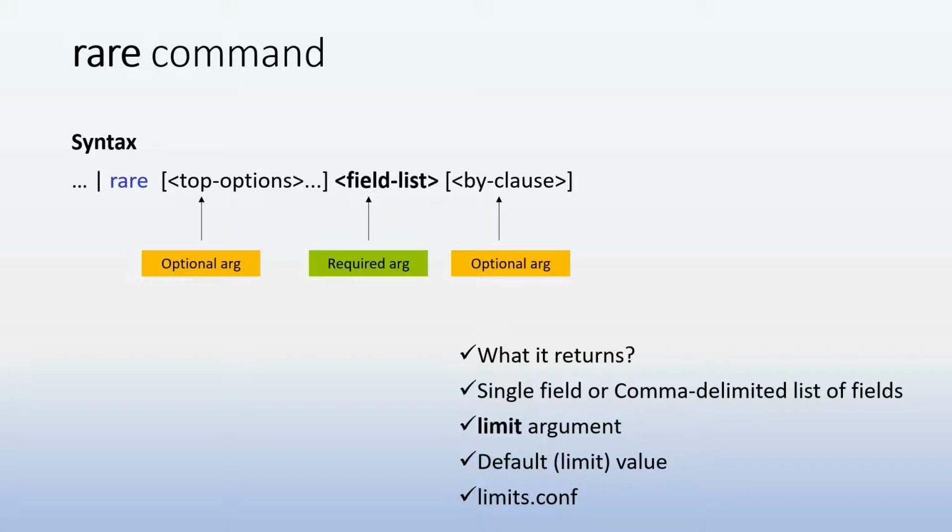With the limit argument, we can limit the result of this rare command. For example, by default, when we use the rare command, it will show 10 values as a result of your search. But we can use the limit argument to control these search results.